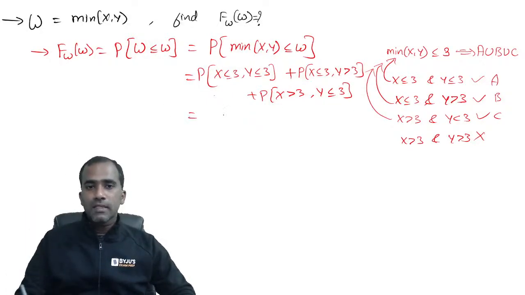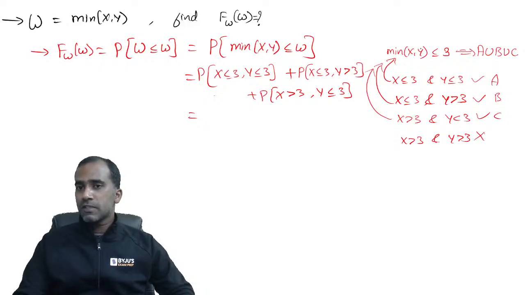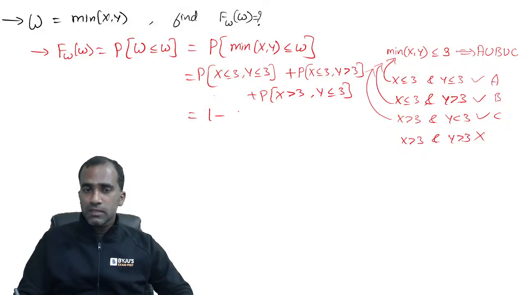Or we can also write it this way: we don't want this one event. Among these four events, if you remove this event, then these three events will be responsible for this event. You can find the probability of these three events and add them, or you can find the probability of this one and subtract it from 1. We can write it as 1 minus P of x greater than 3 comma y greater than 3. Both ways are fine.